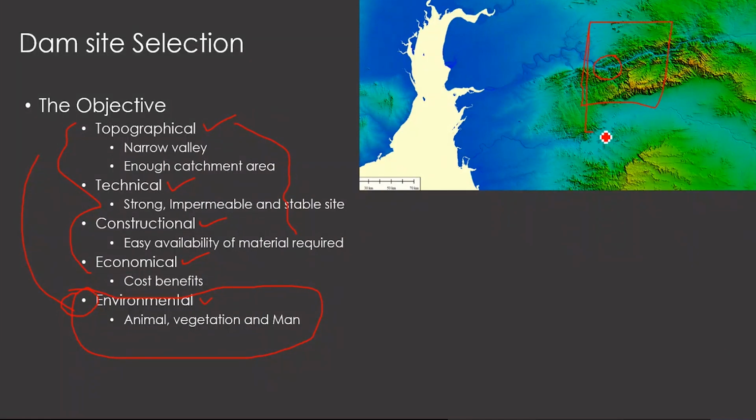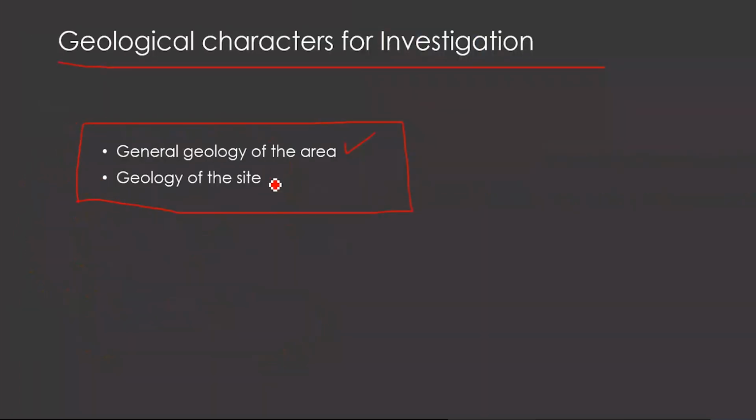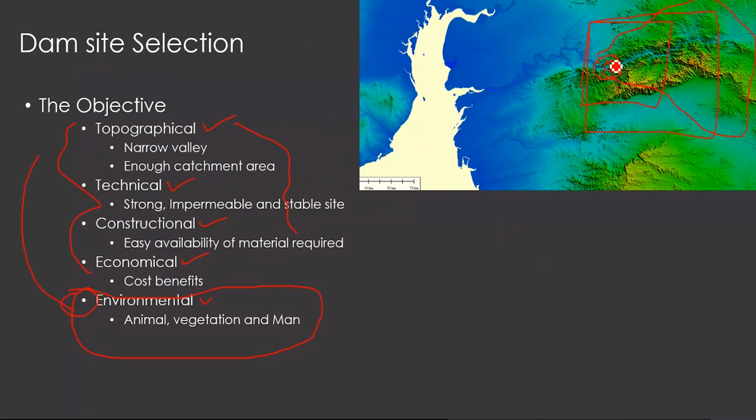I may do a detailed study of the entire drainage basin, meaning the entire area from which water contributes to this particular river. The second is a very detailed, high resolution study of the site location. These are the two broad areas of the study.